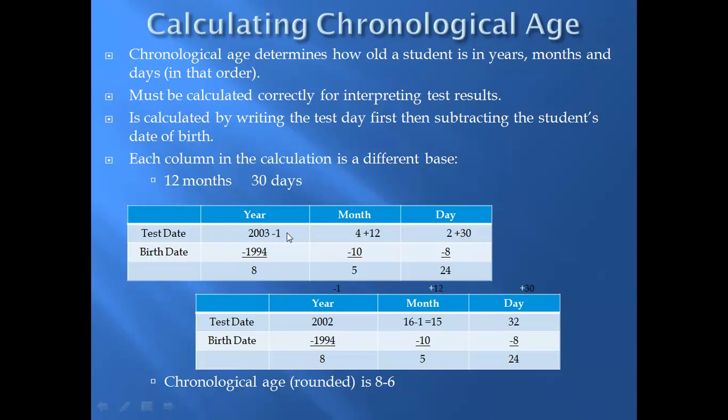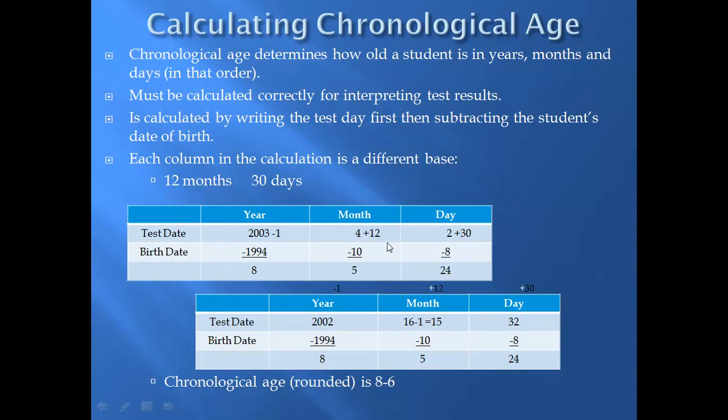So, we're going to 2003 minus 1, we now have 2002. 4 plus 12 equals 16. But then we have to take a month away from that to give over here to the days. So we have to take one more month away.